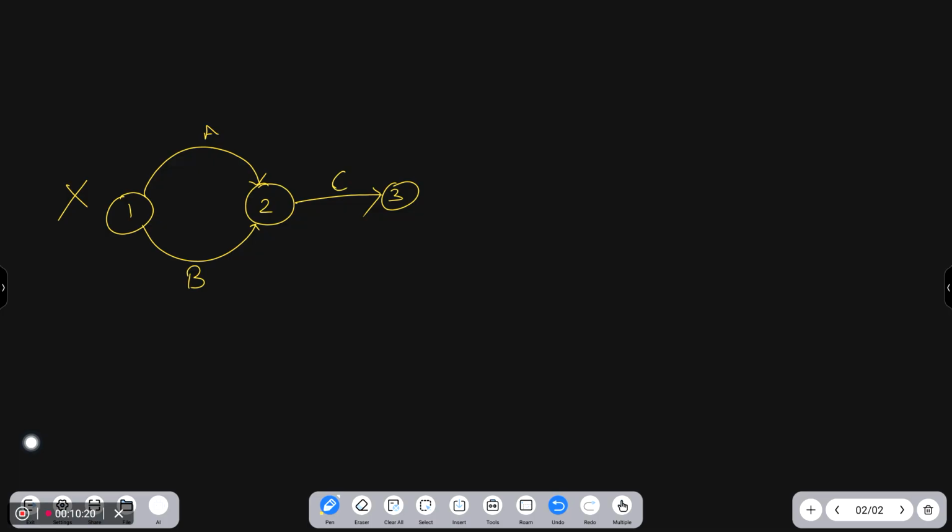Yesterday I told you that the first one is called activity A. This is activity A. Then activity B: after completing activities A and B, C is going to start.